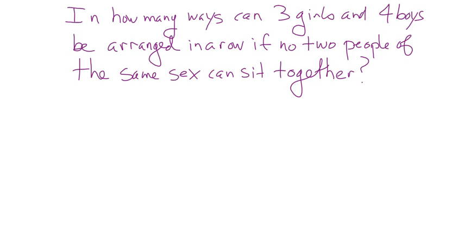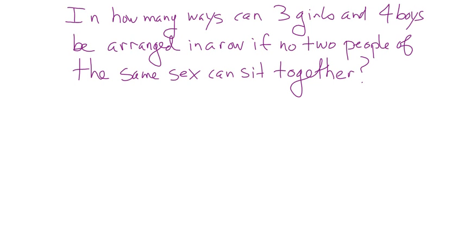So how's the arrangement going to have to go? Boy, girl, boy, girl, boy, girl, boy, right? Because there's 4 boys. If we start off with a girl, we go girl, boy, girl, boy, girl, boy, and then we've got another boy. So we can't start that way, right?